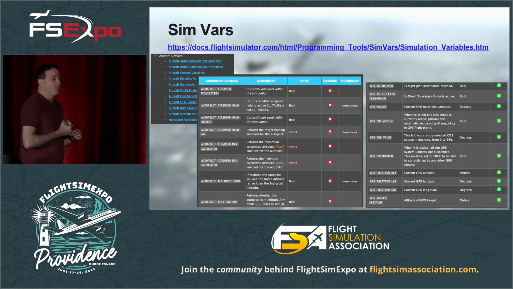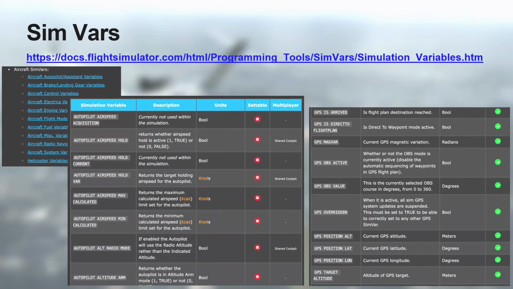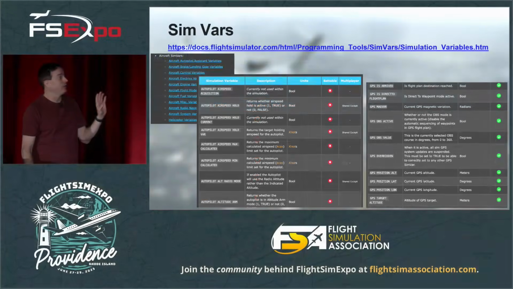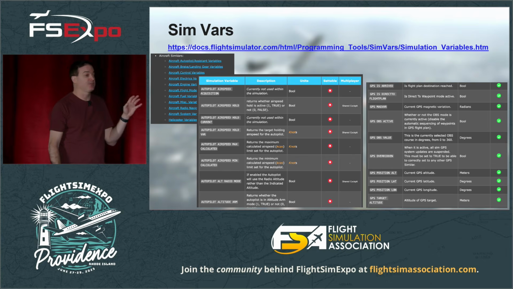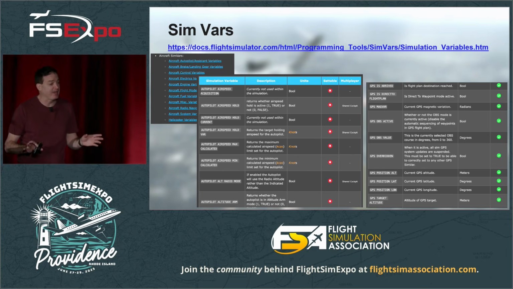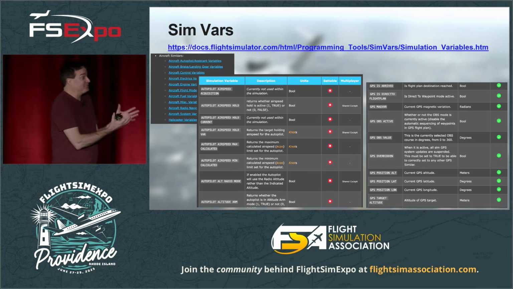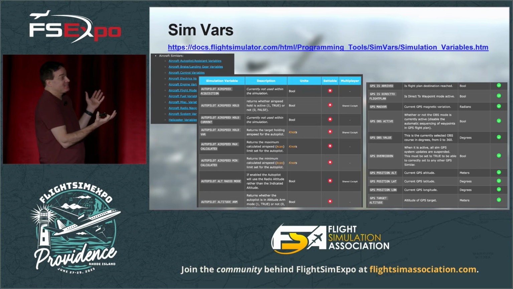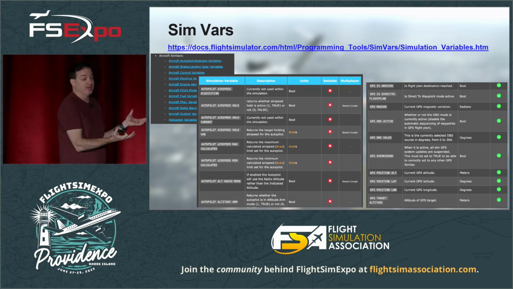So one of the other tools you have at your disposal that's really nice is the documentation. They list all this out. Obviously, developers need to read it, but you as a user, me, I go here a lot because it's easy to search. I can search for things in a GPS category, in a radio category, whatever it may be, and it's going to tell you, this is what this A-Var does.